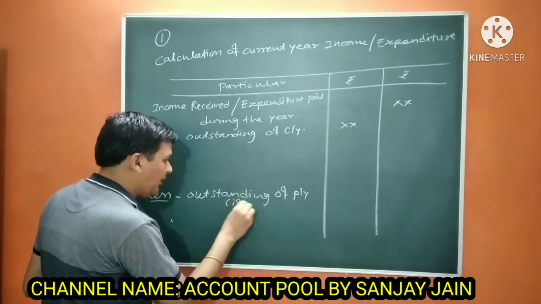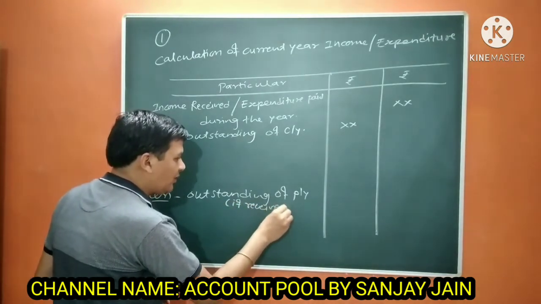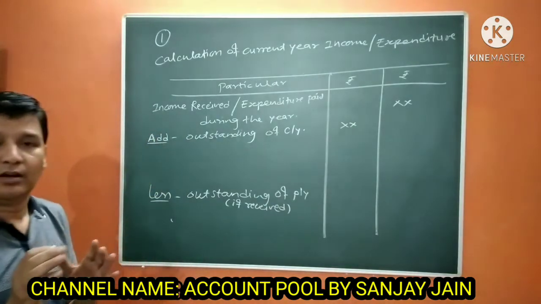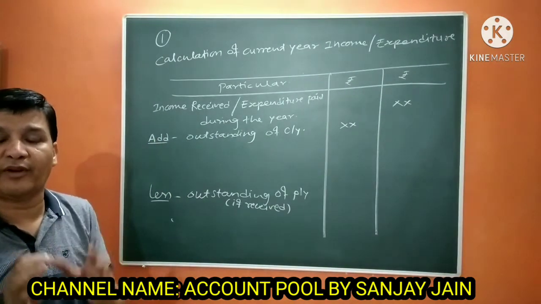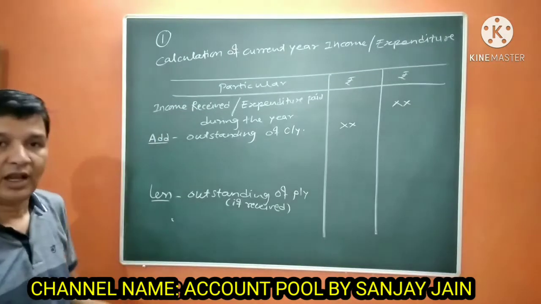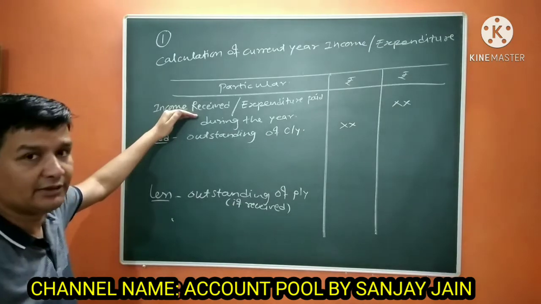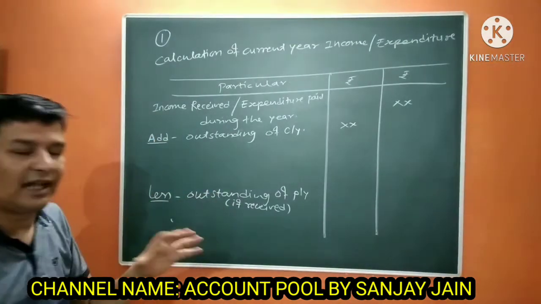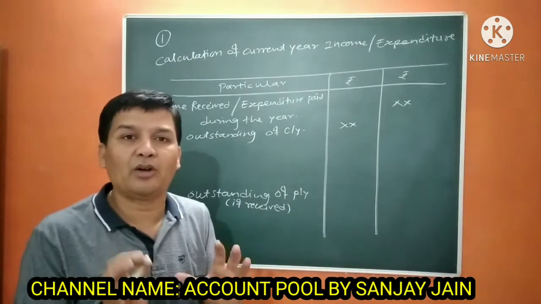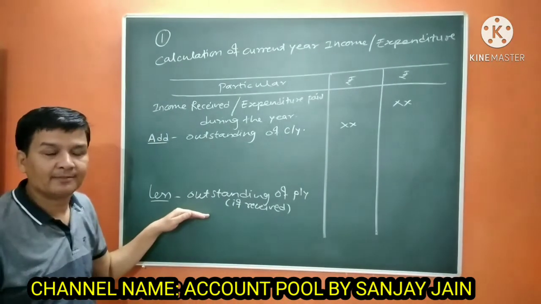Please remember, if received, don't deduct full amount of outstanding. We have taken amount received. How much amount of the previous year is received in this year? We are going to deduct that much only, not the full outstanding amount. So, my dear friends, please remember these things.